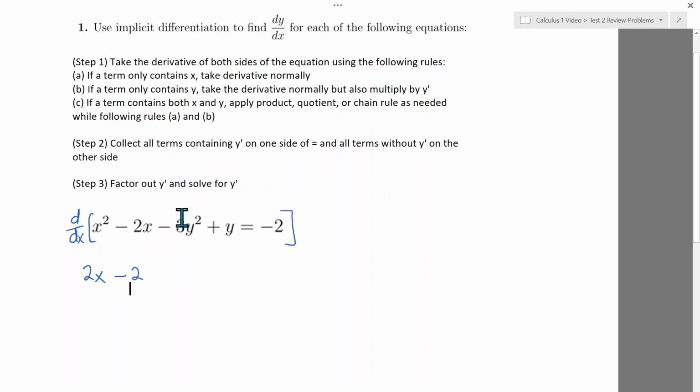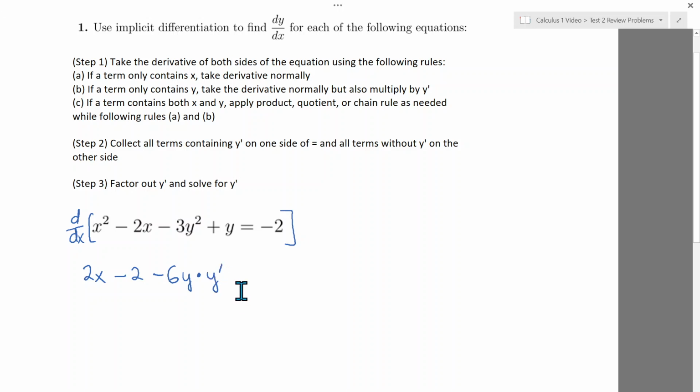And then here now we have a term that contains y, so we take the derivative normally, but then also multiply by y prime. So here the 2 comes down, so 2 times negative 3 gives me minus 6, and then the y squared becomes just y to the first power, right? So the derivative would normally be minus 6y, but the rule says for implicit differentiation we also multiply by y prime.